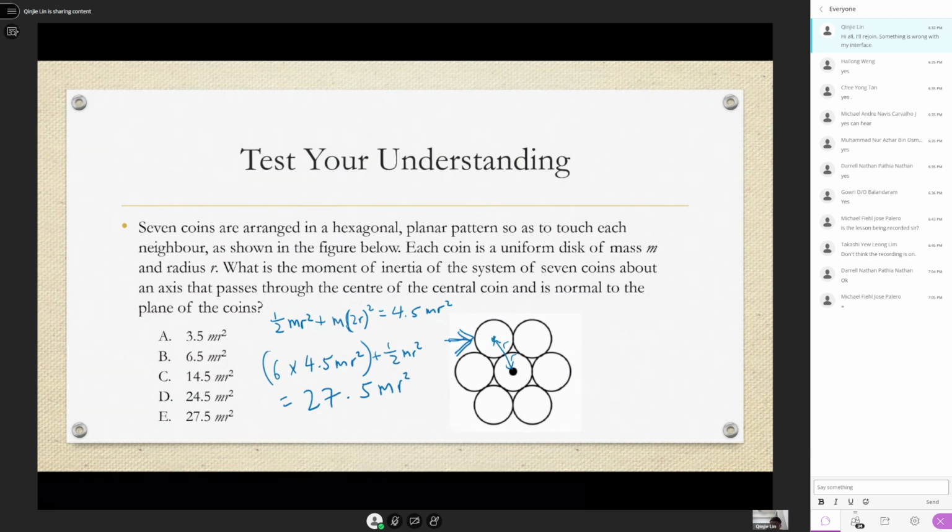So this will be the moment of inertia for this structure. Any questions? So basically, this is applying our parallel axis theorem.